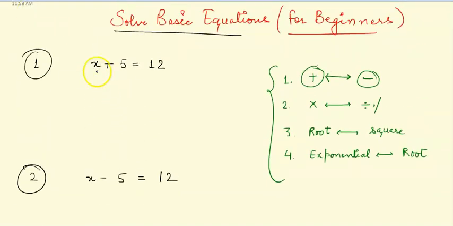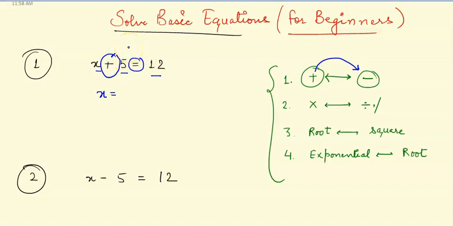So in the first question, we have x plus 5 equals 12. Clearly we can see here a plus sign, a positive sign, right? So the positive sign is related to the negative sign. So x as it is, and positive is related to negative when crossing the equal to sign, right?